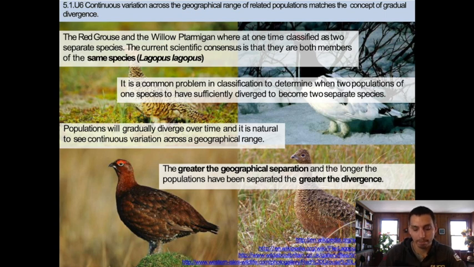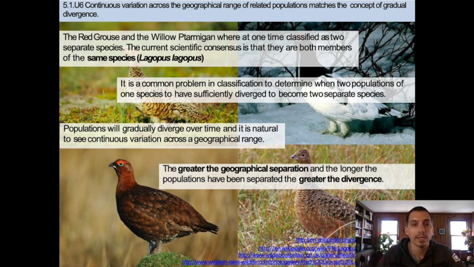So you can see it's a common problem in classification to determine when two populations of one species have sufficiently diverged to become two separate species. Those four look pretty different, and yet they are still the same species. Even though they've diverged, they have not diverged enough to be considered two separate species.